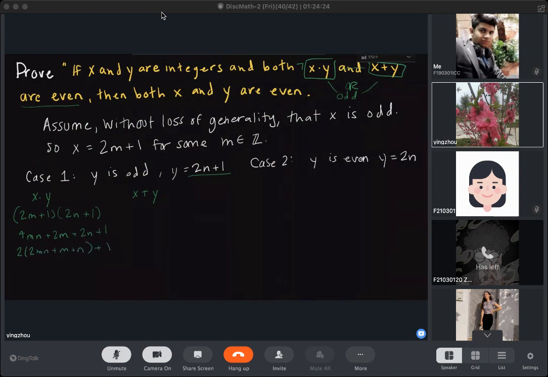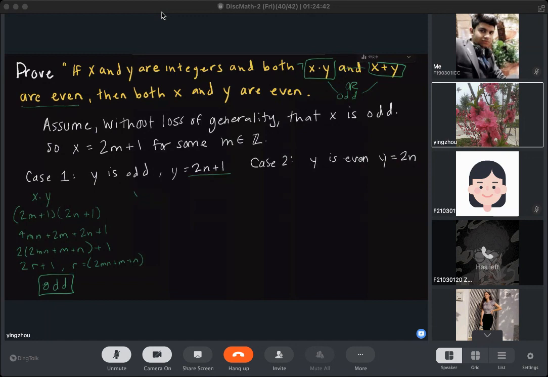And again, I could just rewrite that as 2r plus 1, where r represents 2mn plus m plus n. And therefore, this is odd because it is written in the format of an odd number.